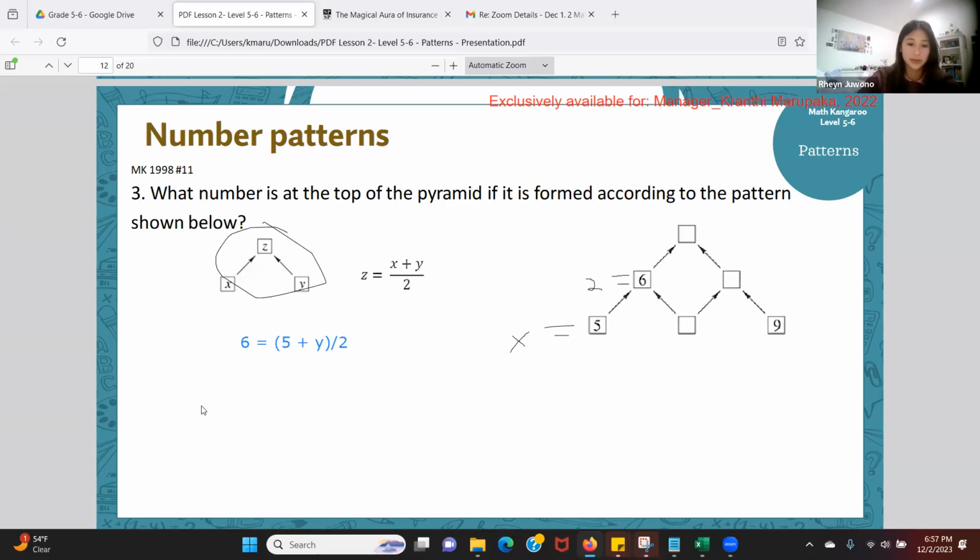You multiply both sides by 2, so you get 5 plus y, and then subtract 5 from both sides, so you get y equals 7.